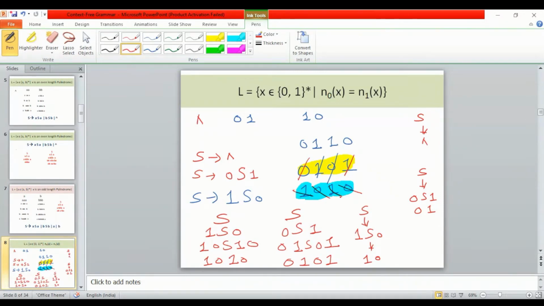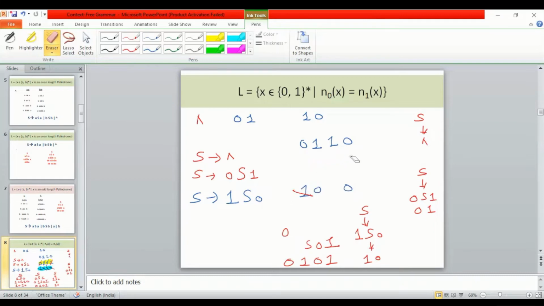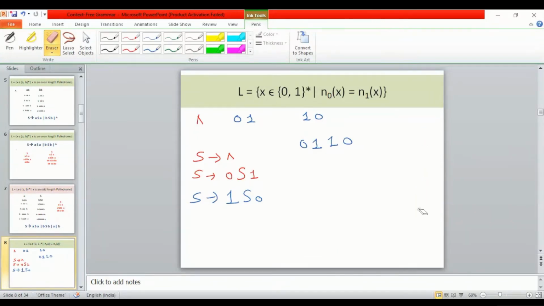Now we need to check, can we generate 0110 from these rules? That means we require a rule which generates an equal number of zeros and ones. But here our rules are such that when we are generating 0, we are generating 1.